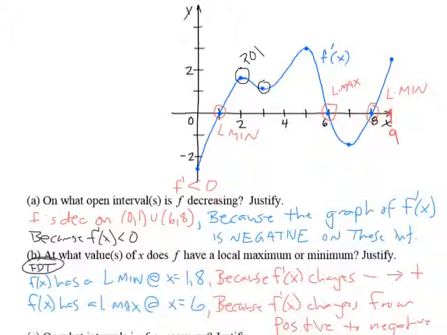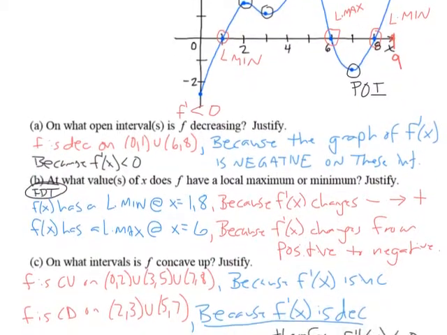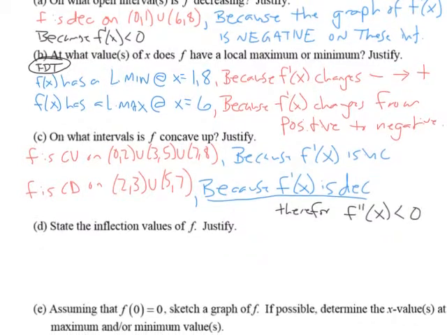So we have, it looks like 4 points of inflection, or values of inflection. So the value is x equals 2, 3, 5, and 7.